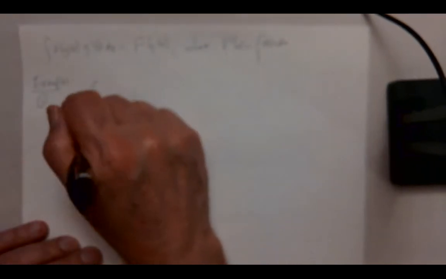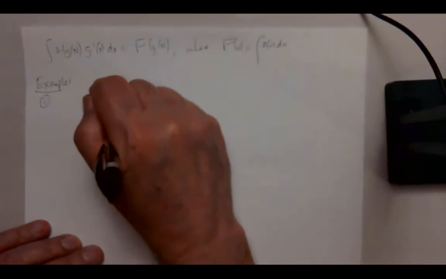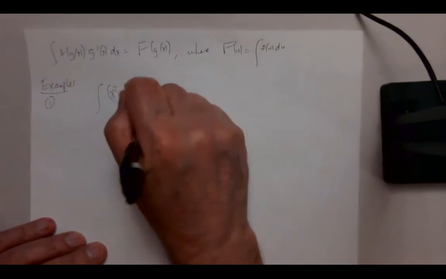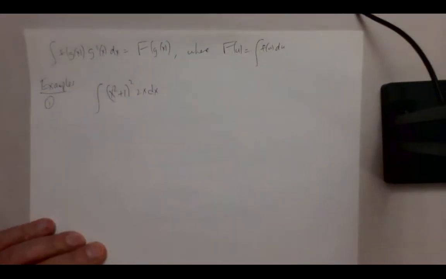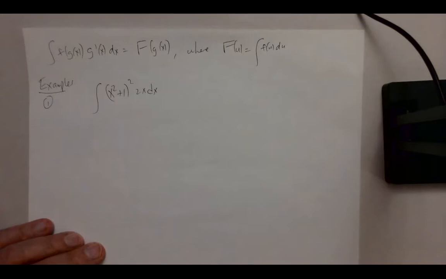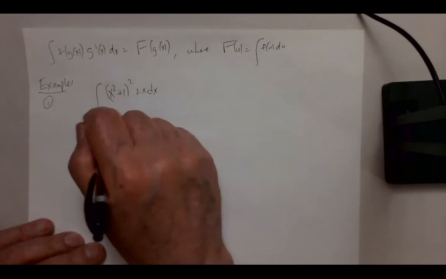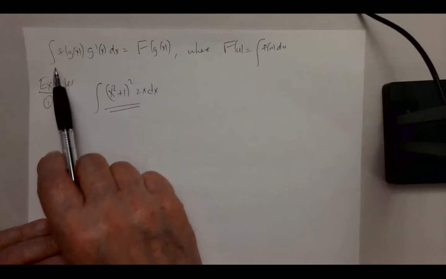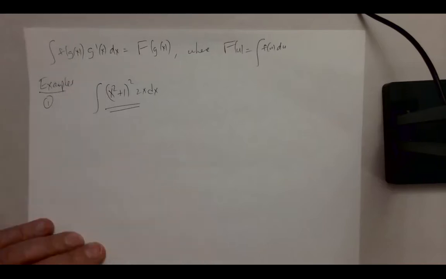So suppose we have the integral of (x squared plus 1) squared times 2x dx. The idea is somehow to look at this function and try to get it in this form.